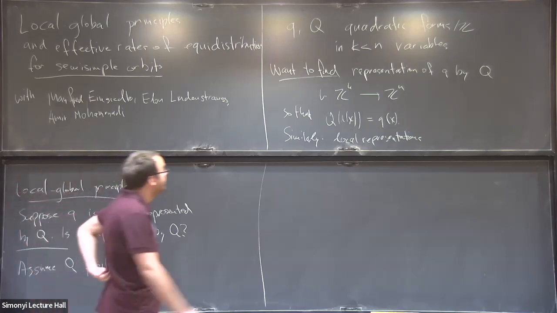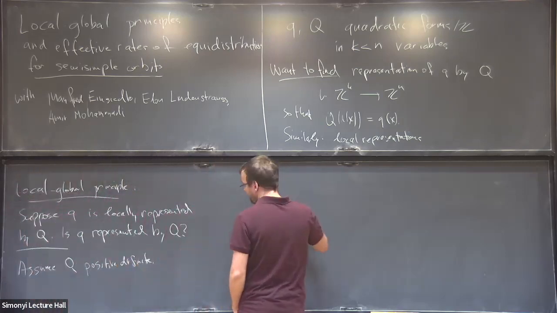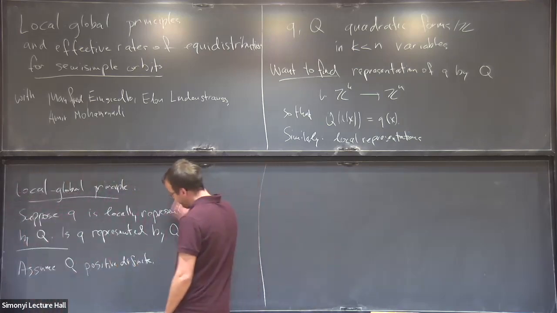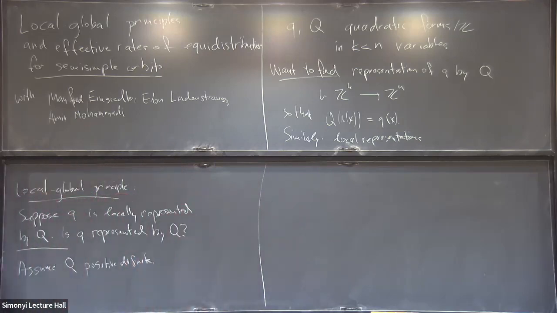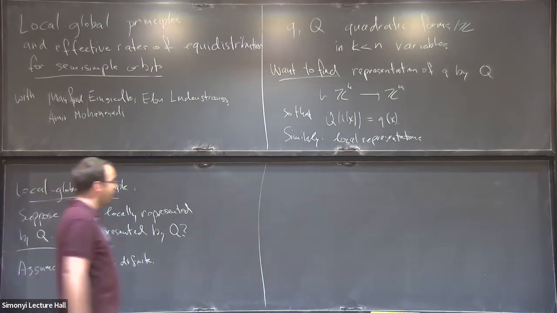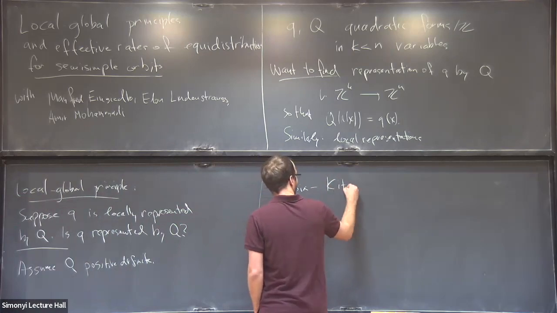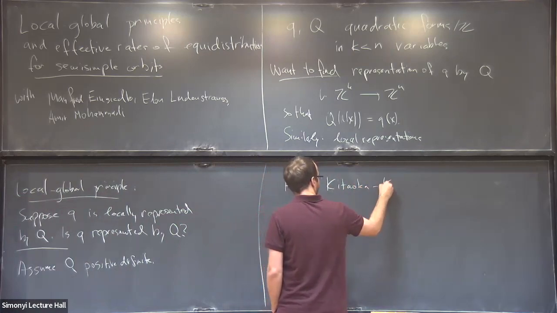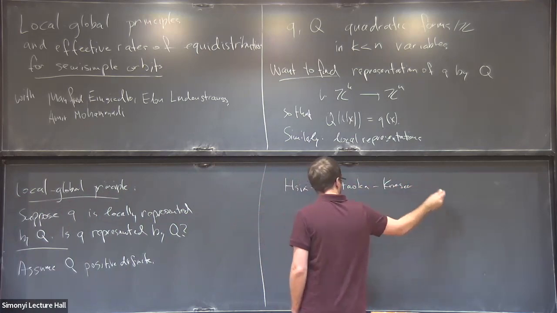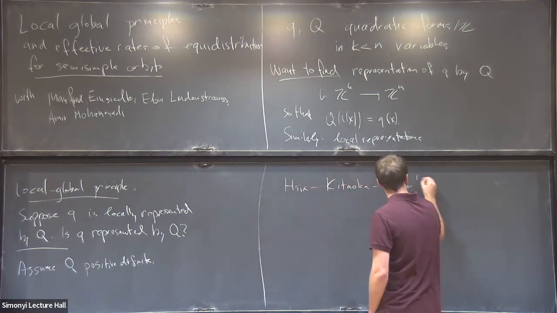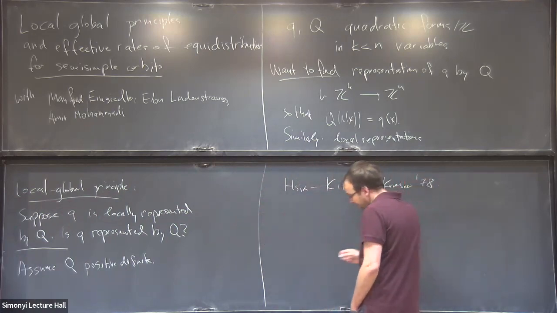So what can we say? This type of question for positive definite forms is something people have been interested in for a very long time. Here's a result from the 70s, due to Siegel, Vitale, Nixon, in 78 or so.